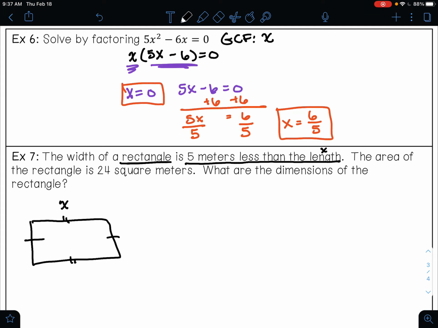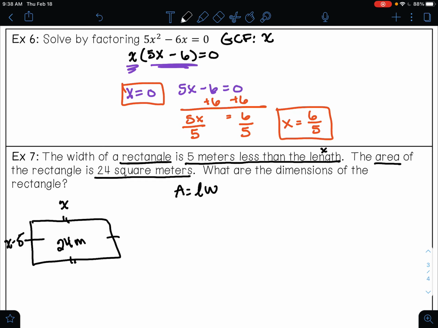If the width is 5 meters less than the length, then I need to subtract 5 from the length. So that will be x minus 5. The area of the rectangle is 24 square meters. Well, I know that area is length times width. Then it says, what are the dimensions of the rectangle?